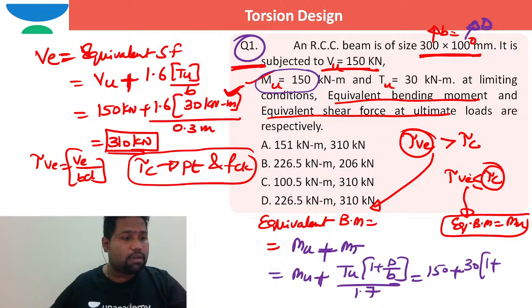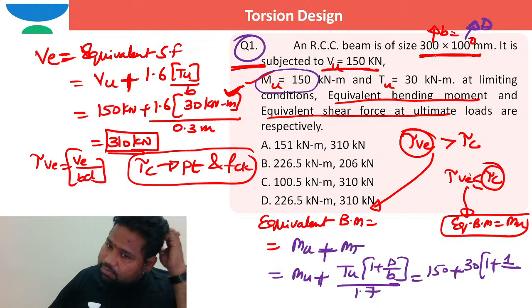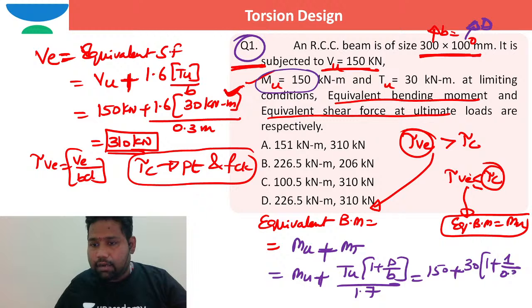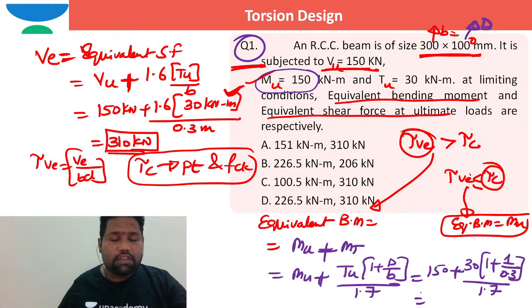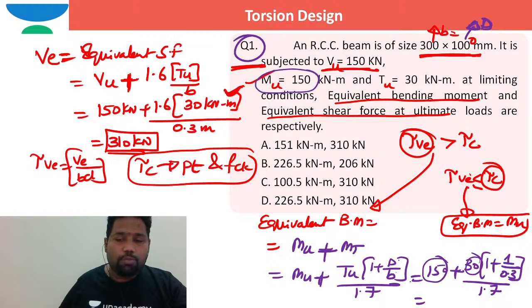Capital D is 1000 millimeter, which in meters is 1 meter, divided by B, the width of the beam, which is 300 millimeter, or 0.3 meter, divided by 1.7. Everything will be in kilonewton meter, because Mu is in kilonewton meter, Tu is in kilonewton meter, and D and B should also be in meter.